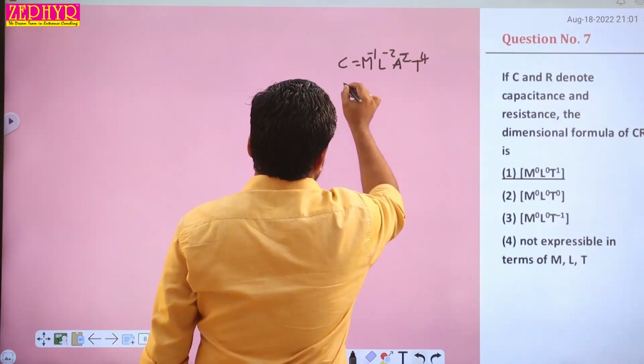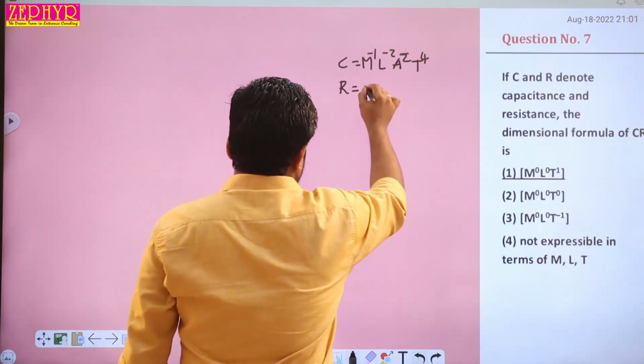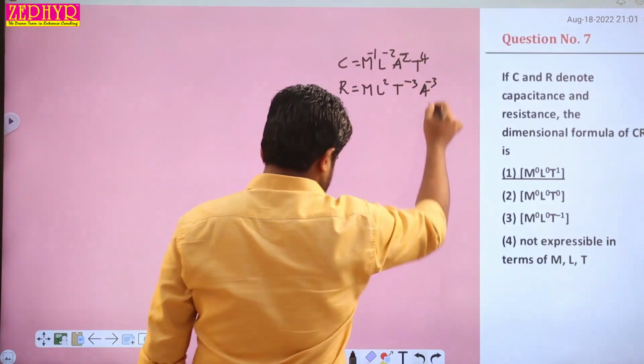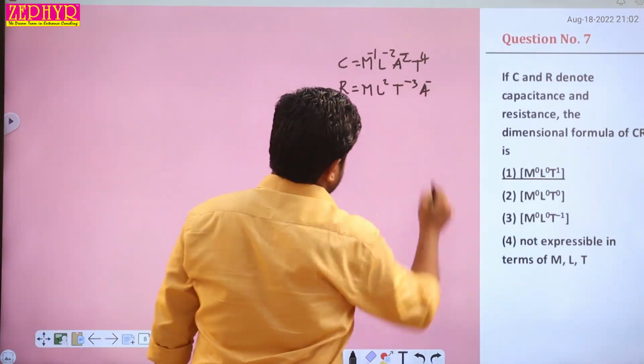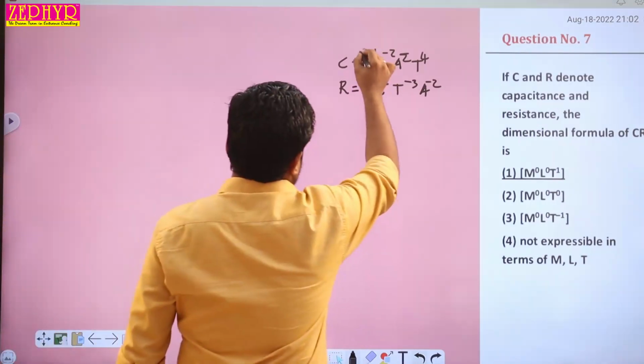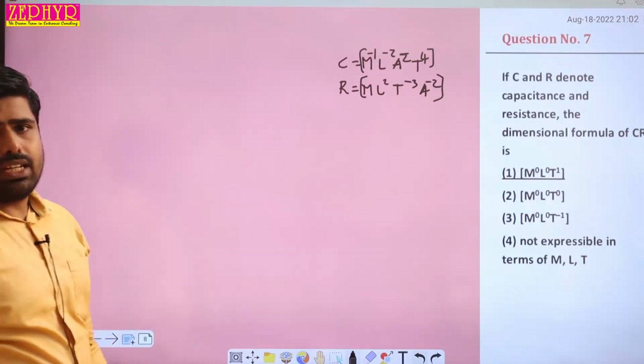And the dimensional formula of resistance R is M L square T raised to minus 3, A raised to minus 2. So this is the dimension of capacitance and resistance.